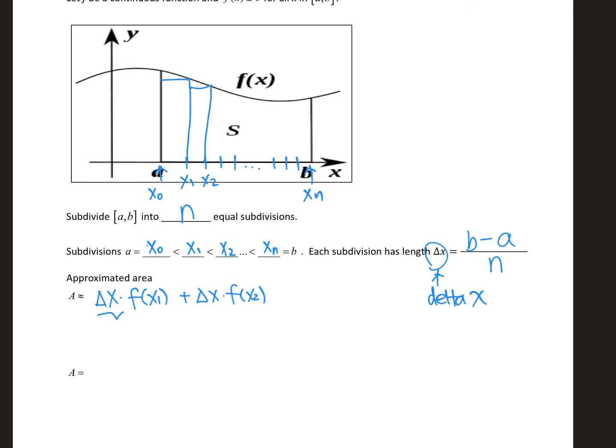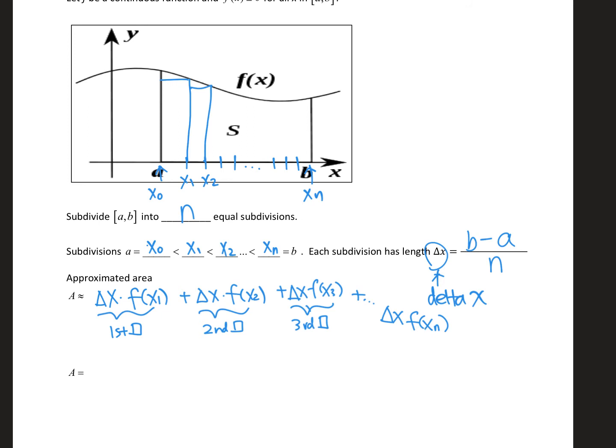So this is the first rectangle, this will be the second rectangle, and then keep going. Delta x f of x3 gives you the area of the third rectangle, and all the way to delta x f of xn, the last one. So if I have 4 subdivisions, then the last one is going to be x4, because I have 4 numbers.